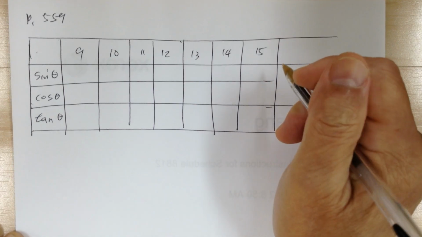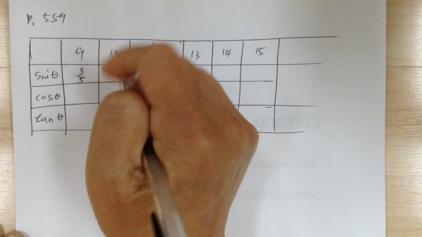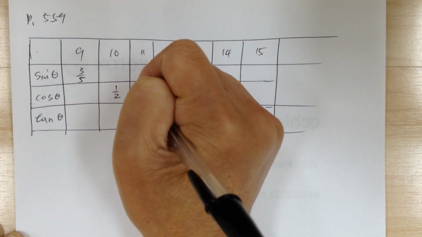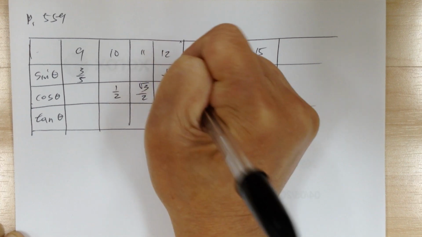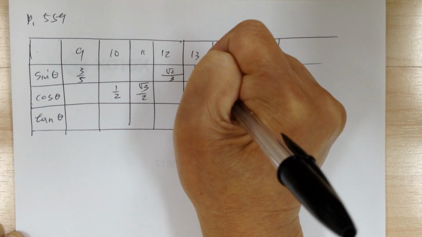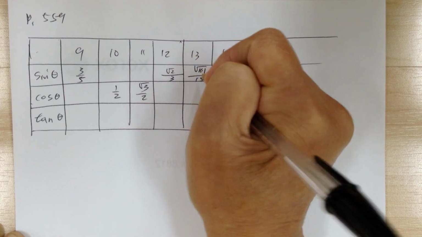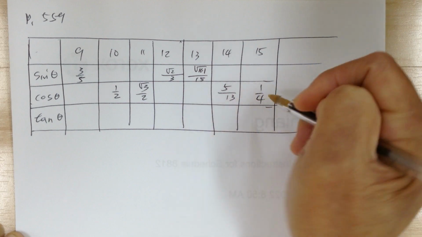Okay. And let's go and write down what it's giving. So this is 3 over 5. This is 1/2, square root of 3 over 2. And this is square root of 2 over 3. And square root of 161 over 15. And this is 5 over 13. And this is 1 over 4.